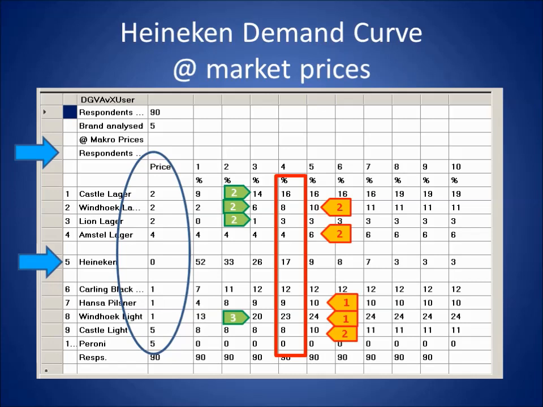If it decreases its price, which is what marketers are probably more interested in mostly, you'll see that Castle Lager will lose 2 to Heineken, Windhoek Lager 2, Lion Lager 2, and Windhoek Light 3. In fact, that fantastic price sensitivity with Castle Light has disappeared, a function of the market settling.